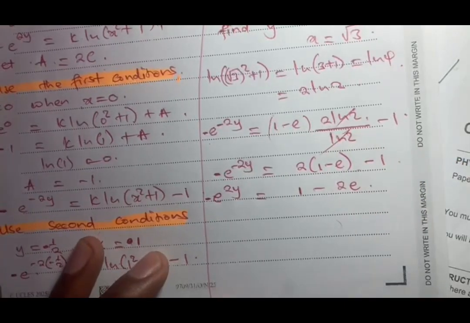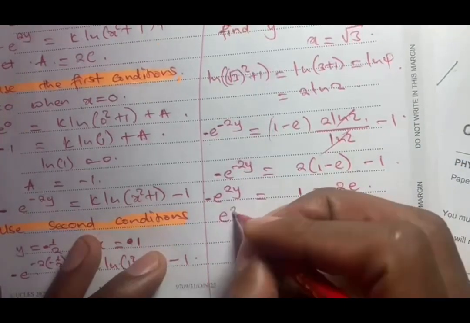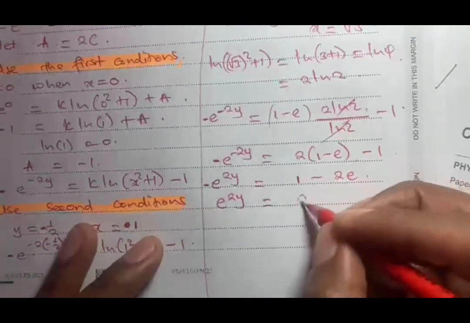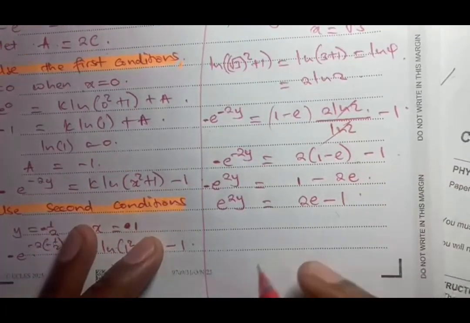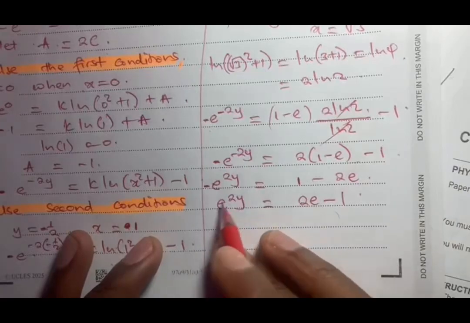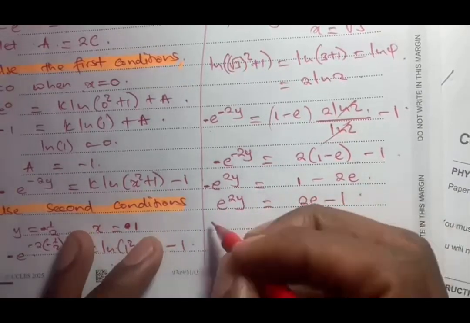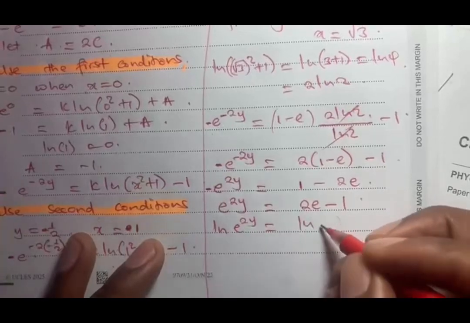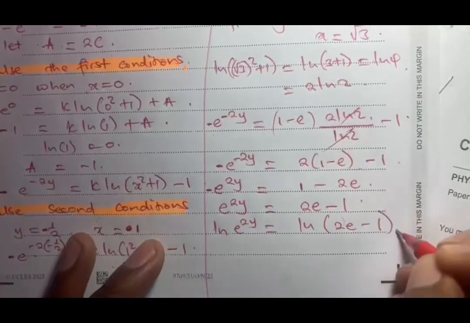If we put the negative on the other side, we get e of 2y is equivalent to 2e minus 1. Then introduce the log on both sides, so log e of 2y is equivalent to log(2e minus 1).